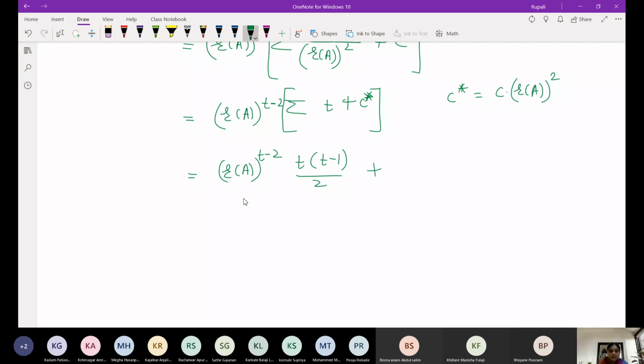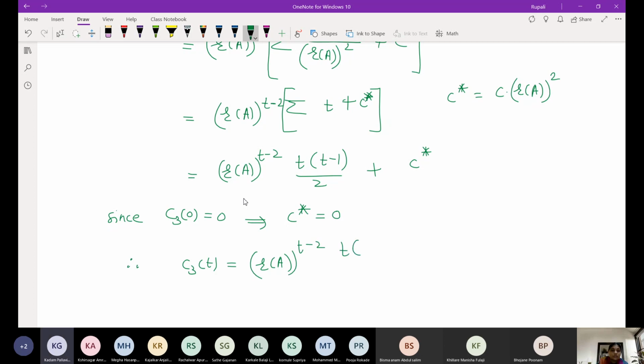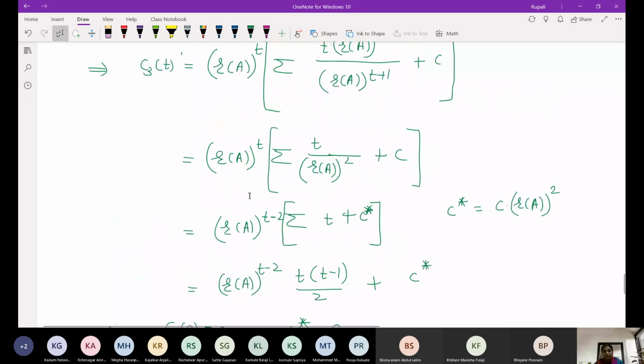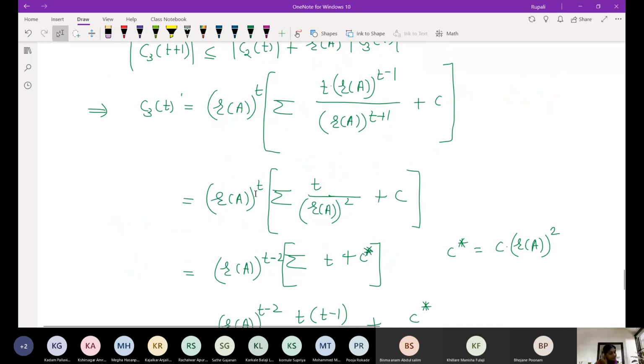And plus some c star. Since c3 at 0 is equal to 0, it implies that the constant is 0. Therefore, what is c3t? It is nothing but r of a raised to t minus 2 times t minus 1 by 2. That is what I have written: t minus 1 by 2 r of a raised to t minus 2. Is that okay?